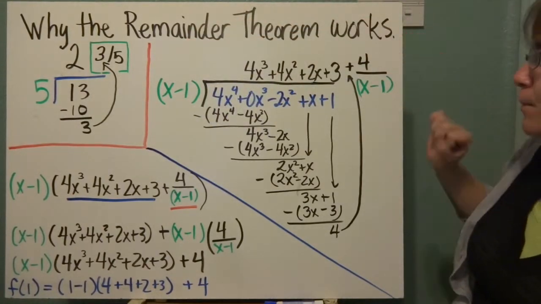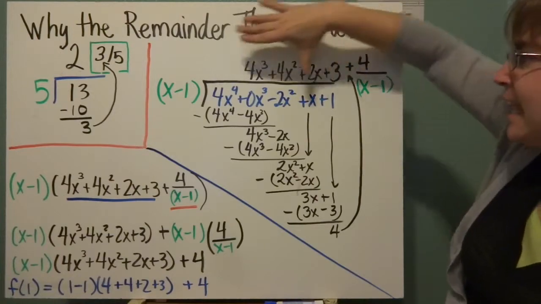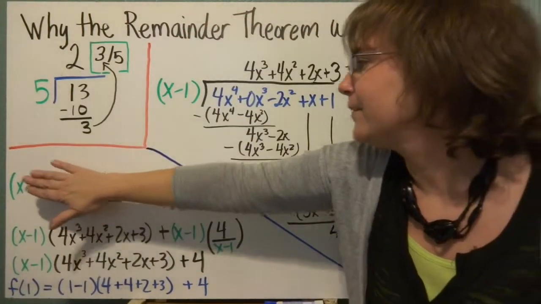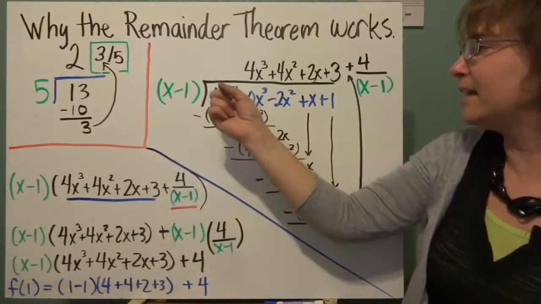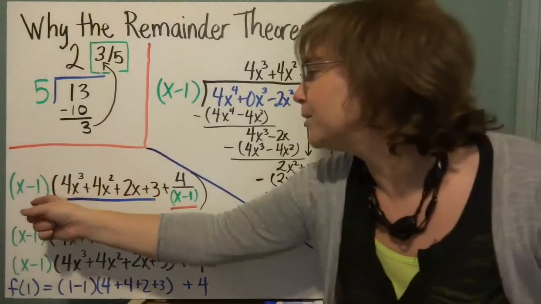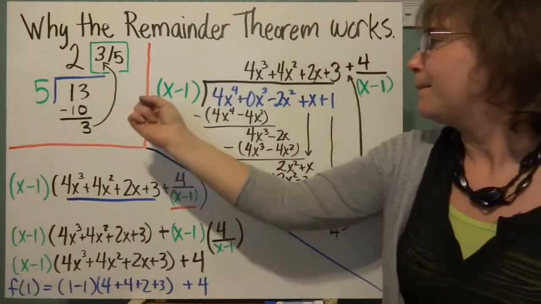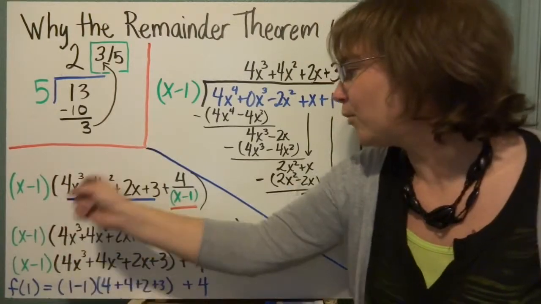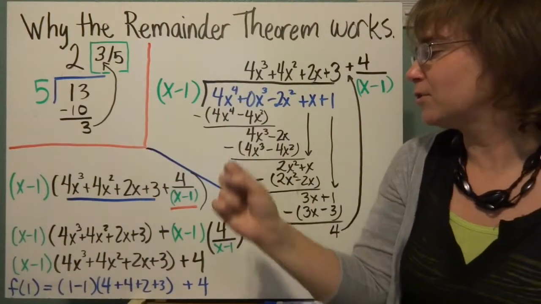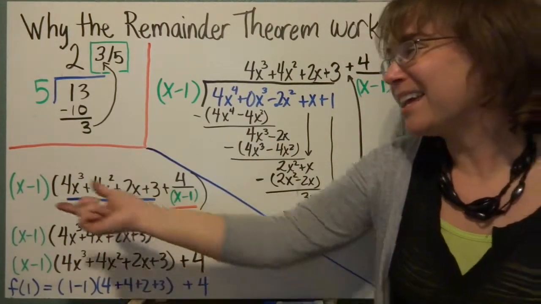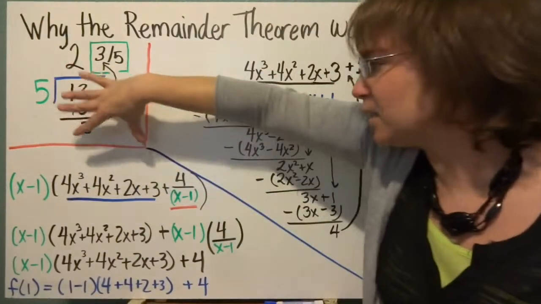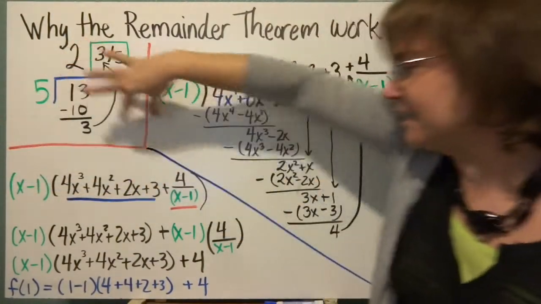So I have a fractional part right here. Now let's take this and move it over here. This is the same thing as f of x. I multiplied my answer up here by x minus 1, that whole thing. That's the same thing as this original polynomial. Now what I can do is distribute this x minus 1 to this part and to this part.